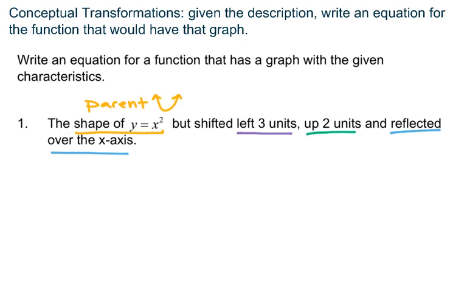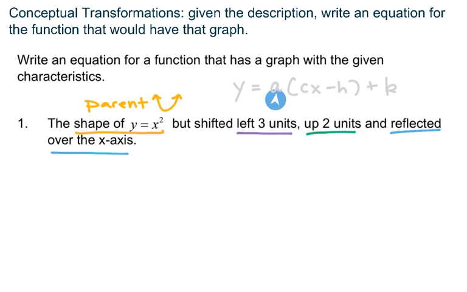So if we think about our standard form, what we know is we're going to have a format which looks like y equals a multiplied on the outside, and then c times x minus h on the inside, and then plus k on the outside.